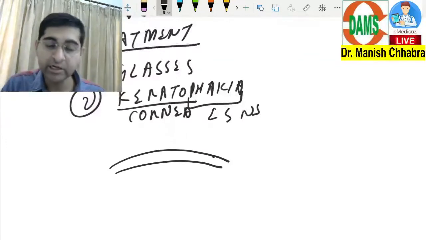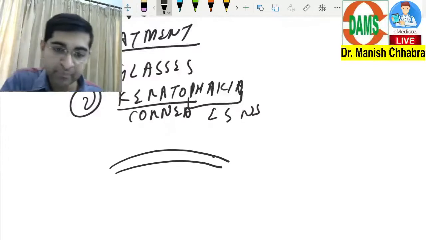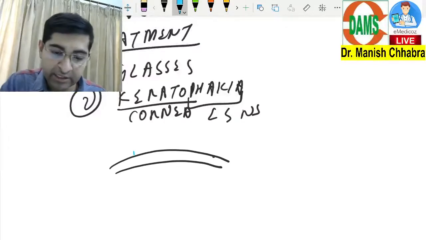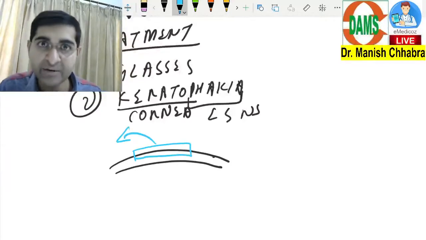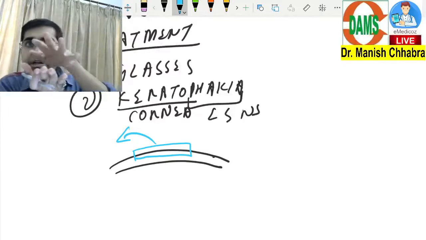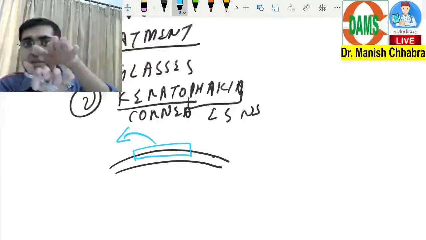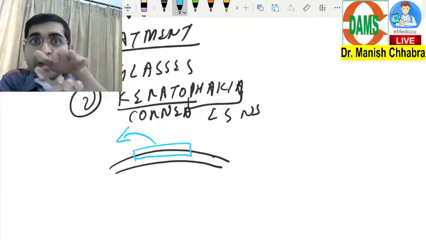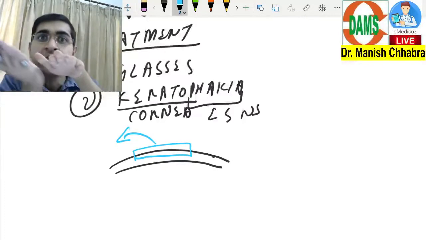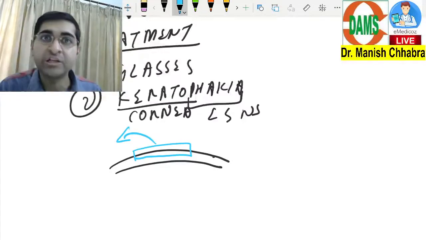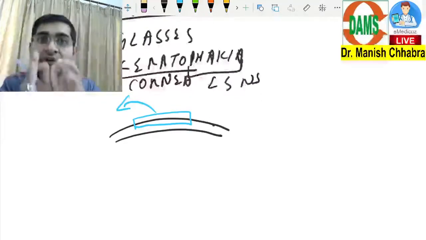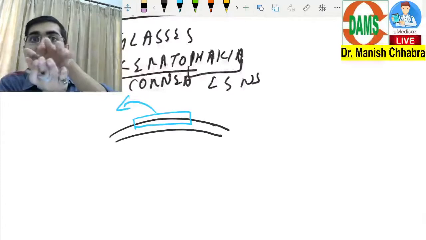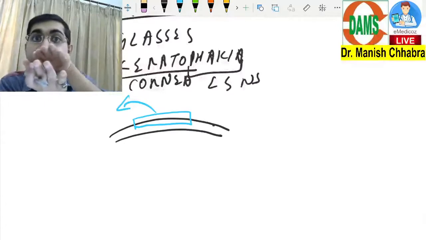We actually take the patient's cornea, remove the superficial surface of the patient's cornea, and in between two surfaces of the patient's cornea we implant the graft cornea.